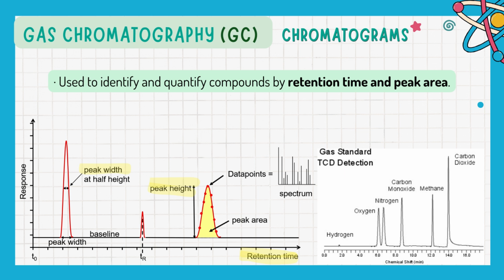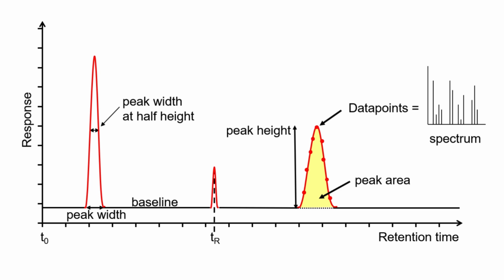So that's a way to interpret or read the chromatograms. Again, y-axis showing peak width, peak height, but for our retention time, we can really see the differences from one compound to that of another.